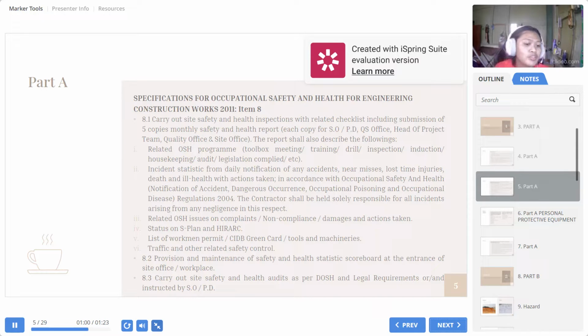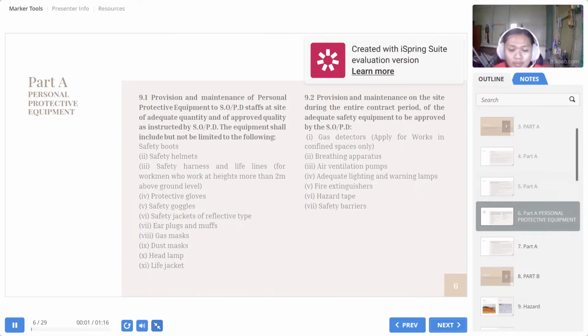Also related issues or complaints, damage that has been taken, status of the safety plan and hierarchy, the list of workman permits, the CIDB green cards, tools and machineries that have been used, and other traffic and safety controls that are working in the workplace.